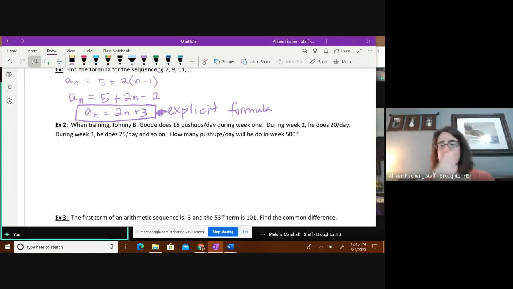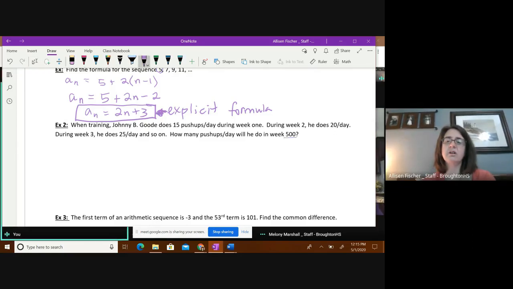So this kind of goes along with what Miss Willis was asking. Can we actually figure out from our formula other terms in the sequence? So this problem is actually asking you to figure out the 500th term in the sequence. Does that make sense? Yeah.